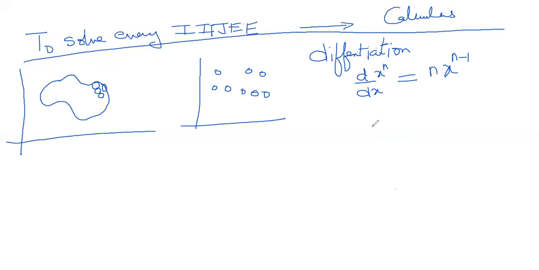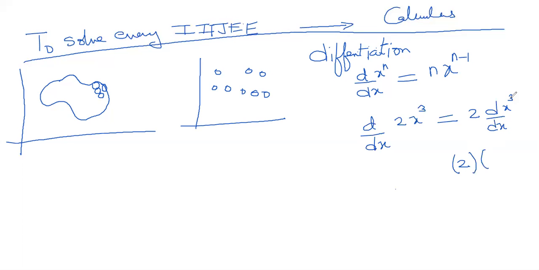Let us apply it for one small example, then you will understand. For example, 2x cube is there. Remember, whatever is here, the number which is a coefficient, you should not touch it. Leave the 2, then send this d by dx inside x power 3. Put it in bracket.